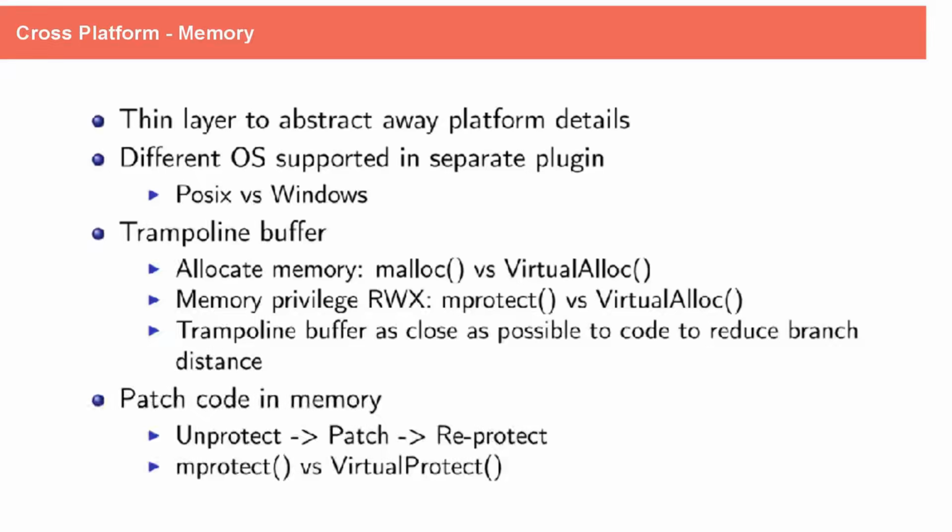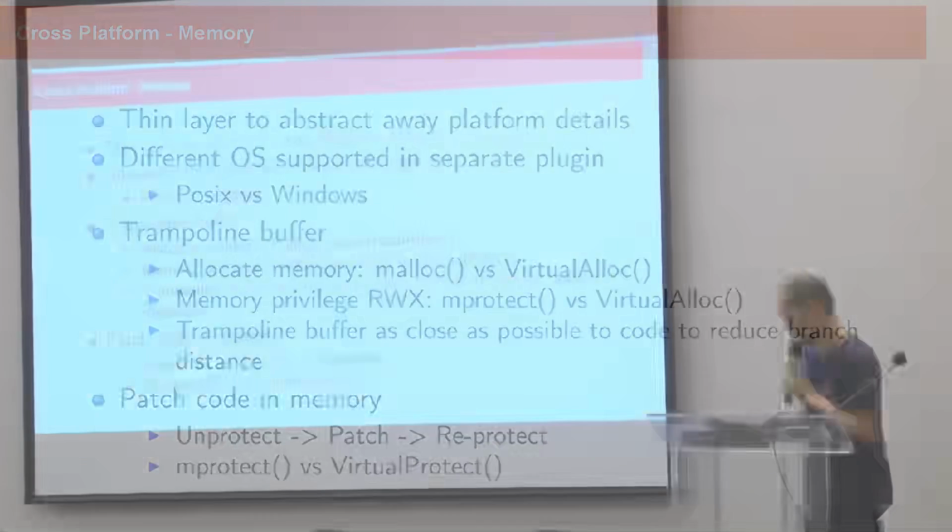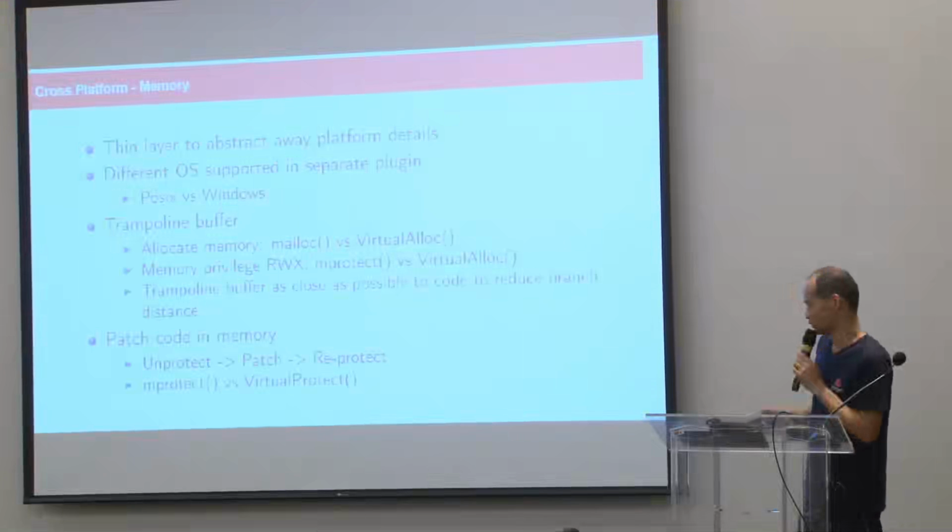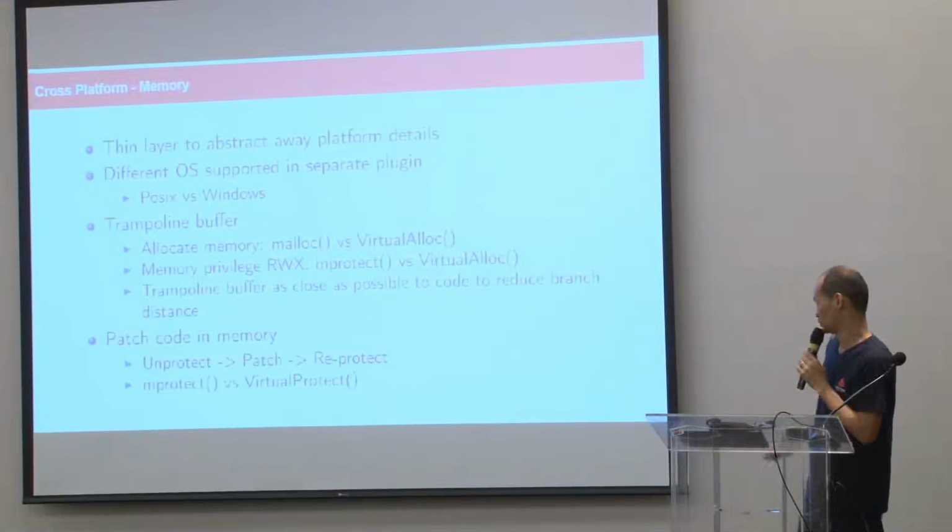For example, on Unix systems, we use malloc, but on Windows, we use VirtualAlloc. Next, we need to make the buffer readable, writable, and executable. Different OSes have different ways to set the permission on memory. For example, Unix uses mprotect, Windows uses VirtualProtect. So I need to take care of everything like that.